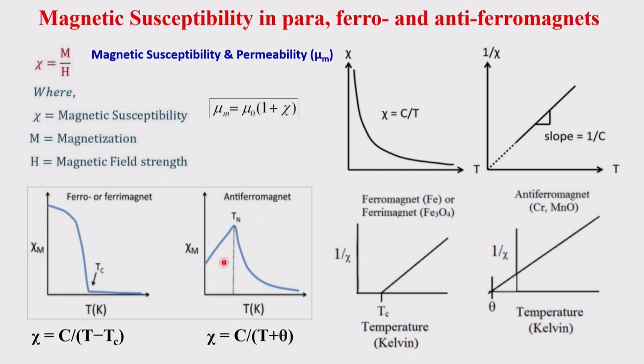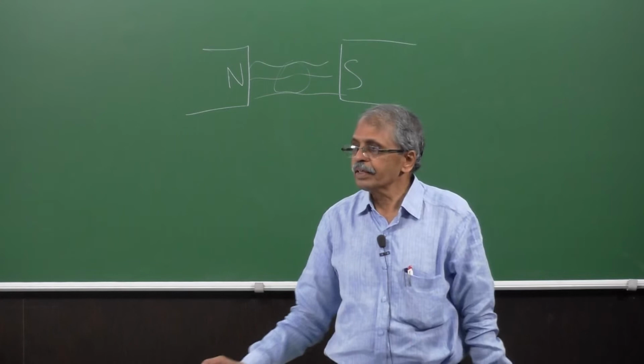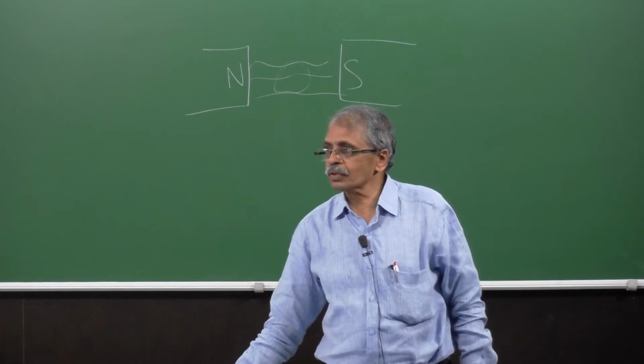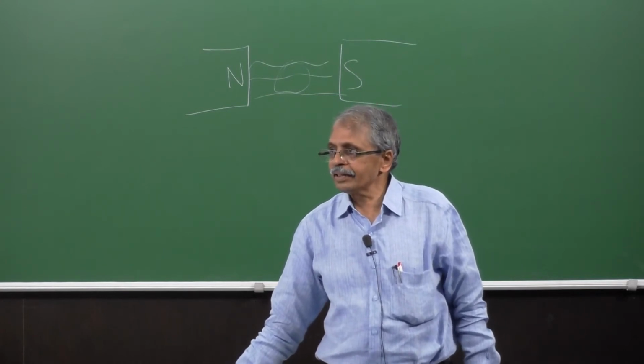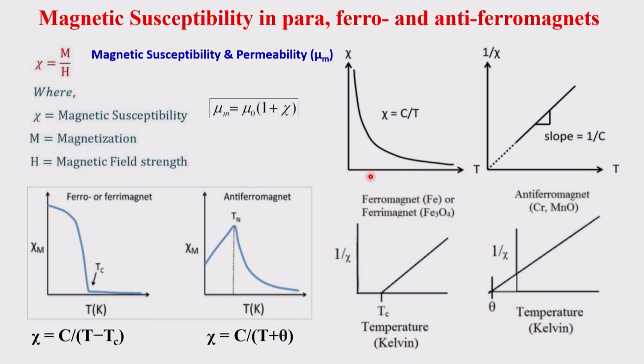Now let us look at the magnetic susceptibility behavior. Please focus on this slide: temperature is on the increasing side on the x-axis, and chi on the y-axis. For a simple paramagnetic material, you are not applying any magnetic field here, only temperature variation, going from room temperature or a very low temperature to higher.